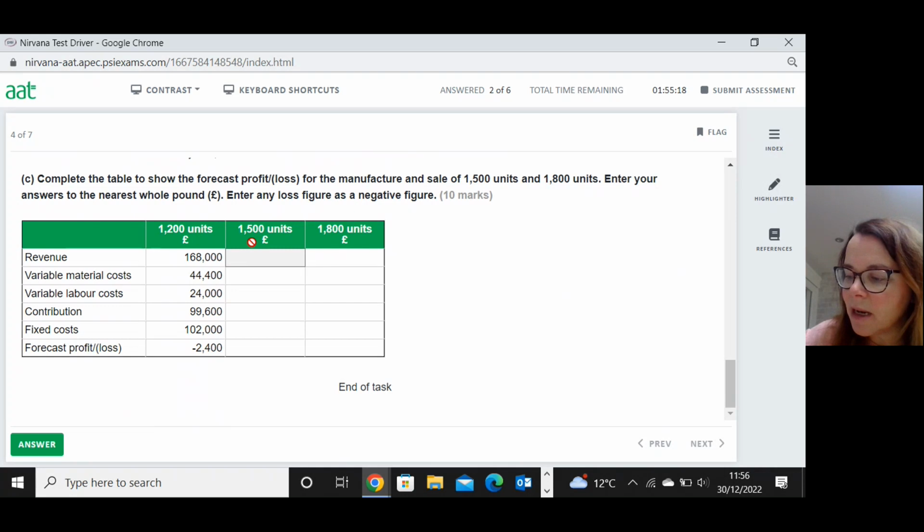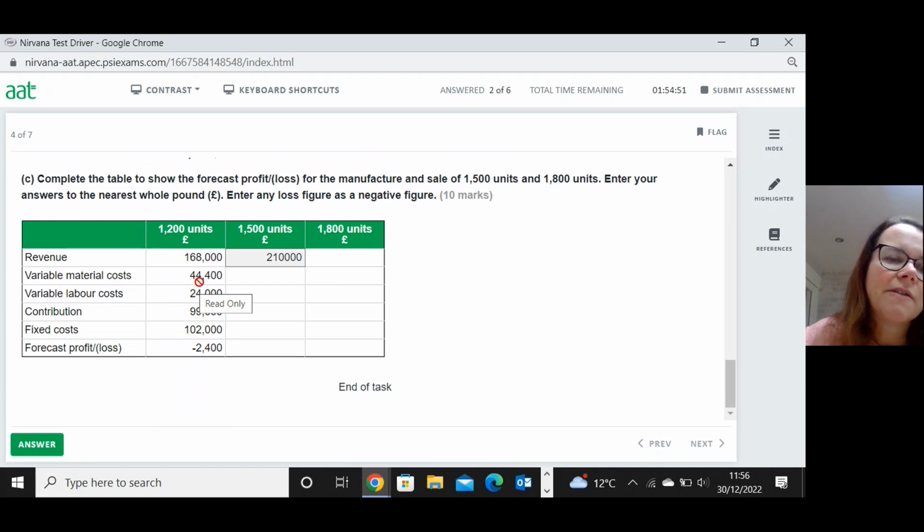And then if I multiply that by my 1,500 units, then I get 210,000. Incidentally, I've made a note here that when I worked out the revenue per unit, it was 168,000 divided by 1,200. That came to £140 per unit. We're going to need that in a minute, so it's worth noting that down as we go.